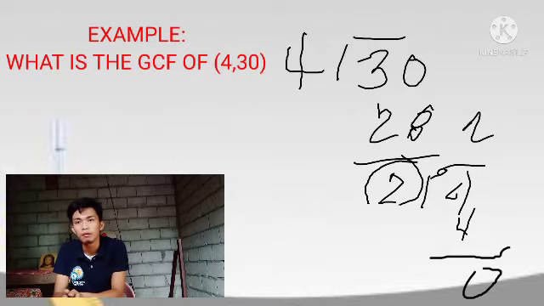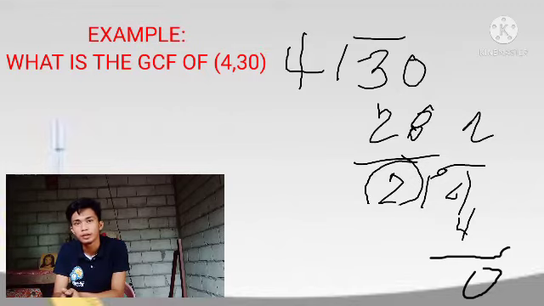Now, when we have a remainder, the remainder is going to be the divisor and the divisor will become the dividend. So 2 will become the divisor and 4 will become the dividend. And let's divide again. 4 divided by 2 is equal to 2. 2 times 2 is equal to 4. 4 minus 4 is equal to 0.